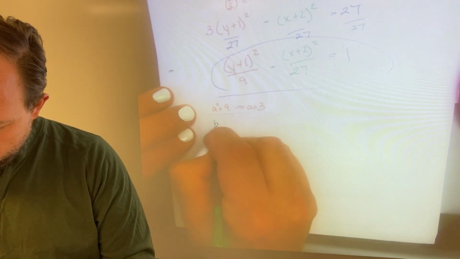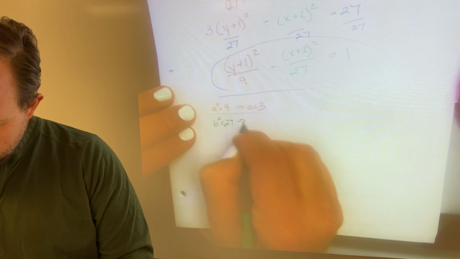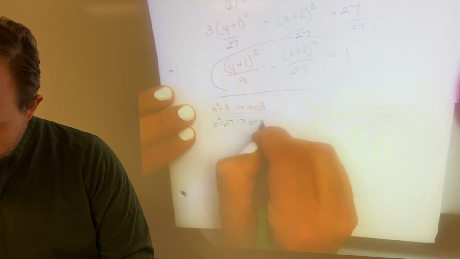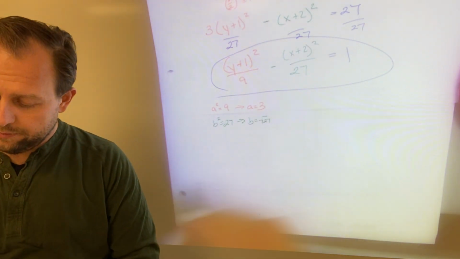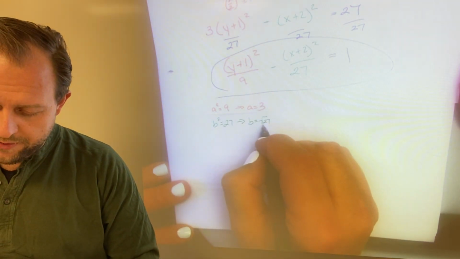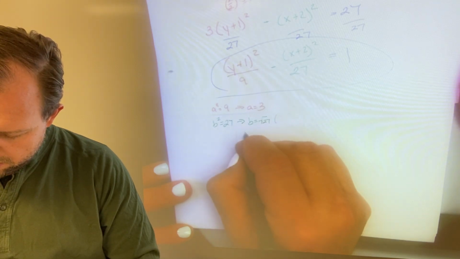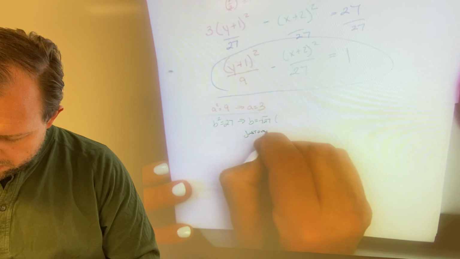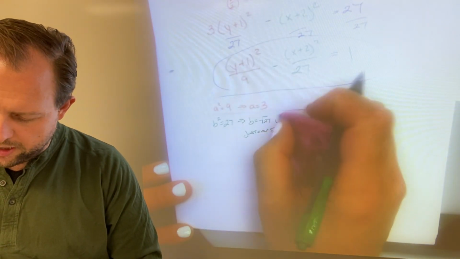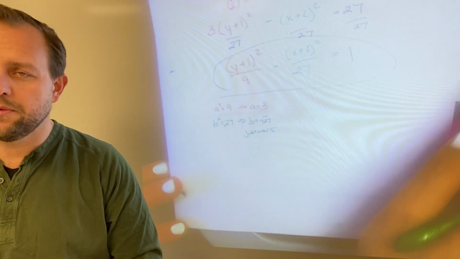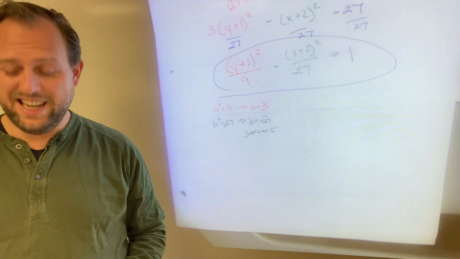And if b squared is 27, then b is the square root of 27, which, since the square root of 25 is 5, is going to be just over 5. It's going to be somewhere between 5 and 6. You can do it on your calculator and get a nice decimal number. That's fine, but for graphing purposes, we don't need it.